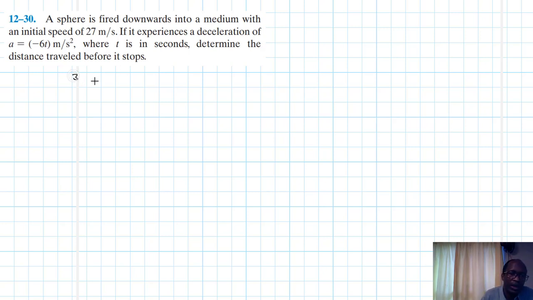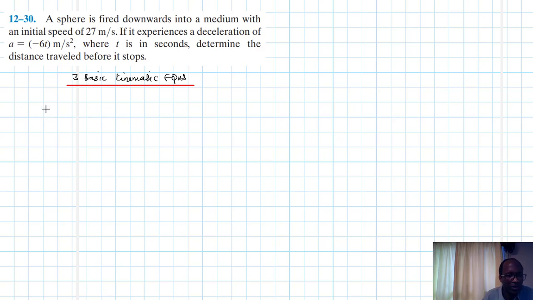So what are the three basic equations? These are the three basic kinematic equations.